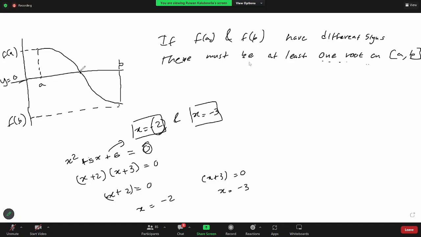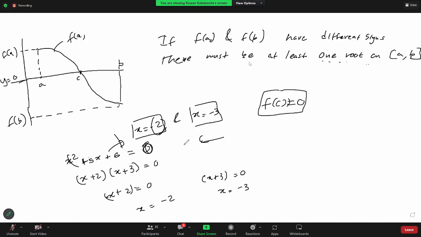If the function goes to 0, that position is a root. That means if we apply a value, let's say c, to this function, then f(c) should be 0. So you are using this idea at this point. That is why you equate the function to 0 and find the roots.